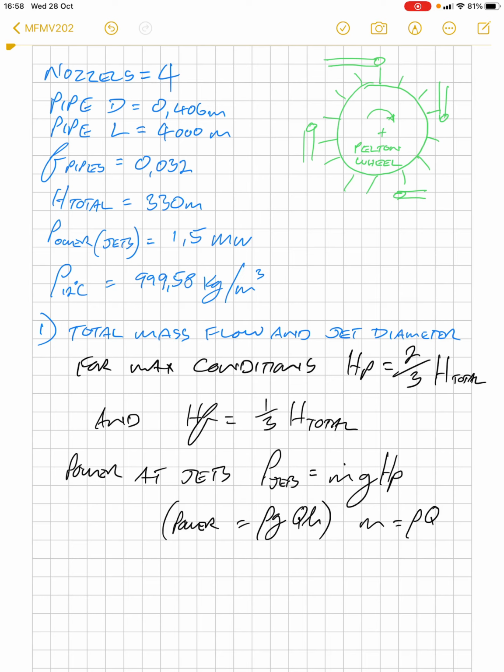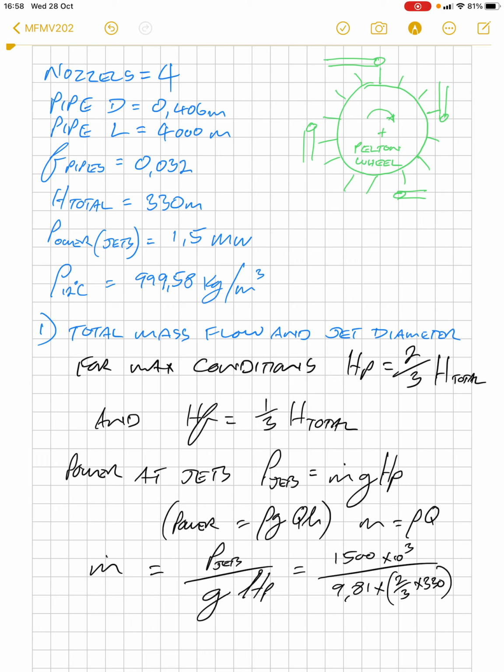So making our mass flow rate the subject of the formula, we get power divided by G HP. If we substitute, we get 1500 times 10 to the 3 is the total power available at the jets. We divide that by 9.81 and 2/3 of 330 meters, which is the total head.